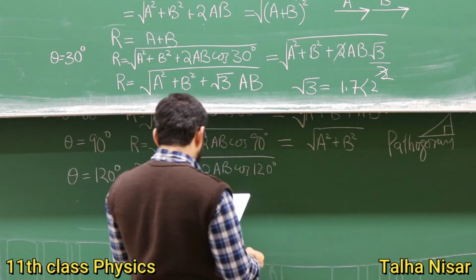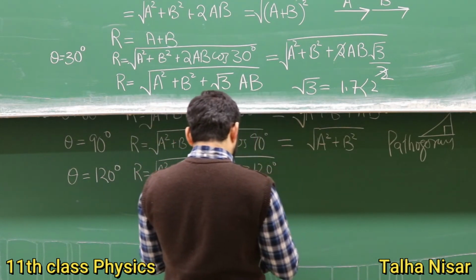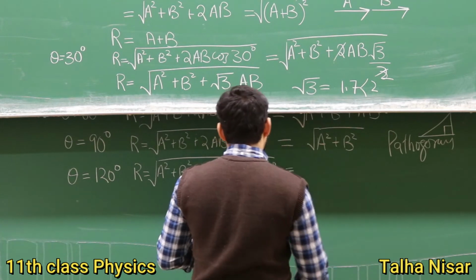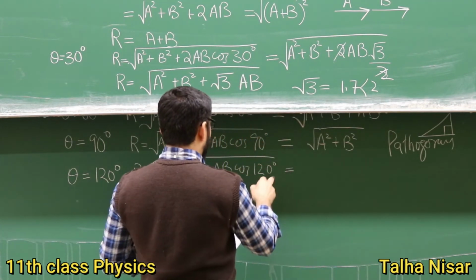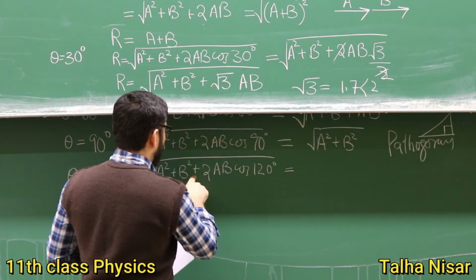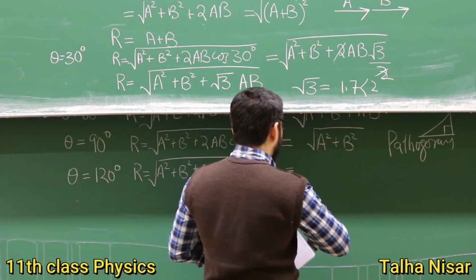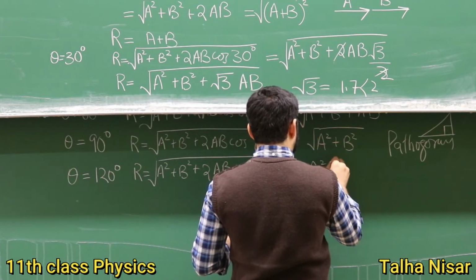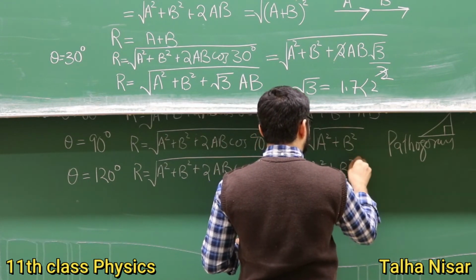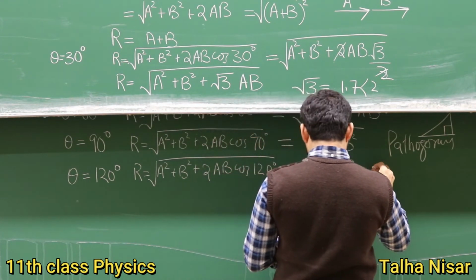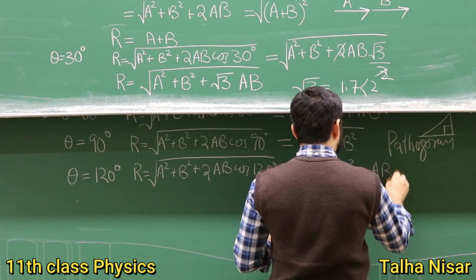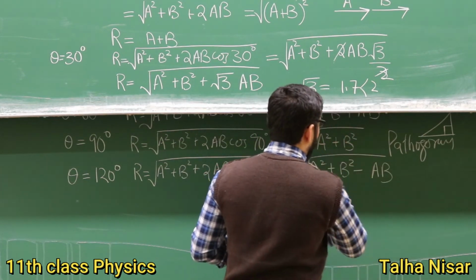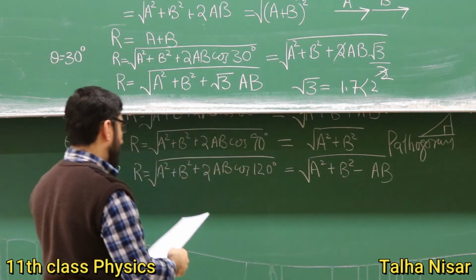The cos of 120 is minus 1 by 2, so the resultant is the square root of a squared plus b squared minus ab. So from 0, now it's minus 1 here.